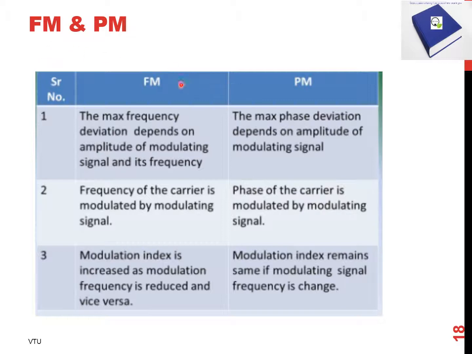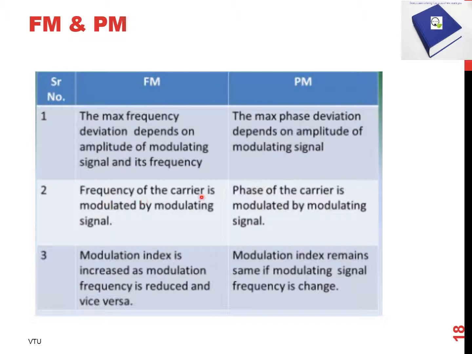Next, we can see the comparison between FM and PM, that is frequency and phase modulation. Three comparisons are given. In FM, the maximum frequency deviation depends upon the amplitude of the modulating signal and its frequency. In PM, the maximum phase deviation depends on the amplitude of the modulating signal.